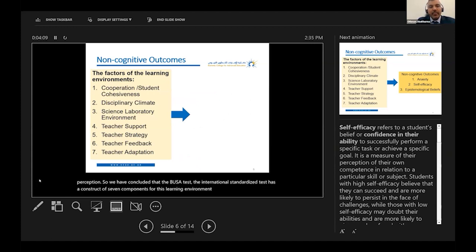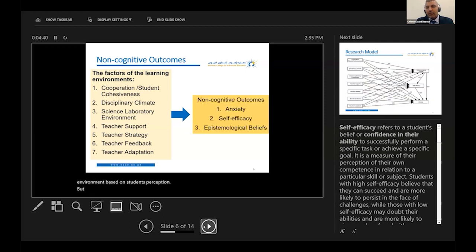For example, cooperation, if this learning environment reflects collaboration and social efforts among students and even among students and teachers. Disciplinary climate, we're going to talk about that. Science laboratory environment, teacher support, teacher strategy, teacher feedback, and teacher adaptation. So these are the components of the learning environment based on students' perception.